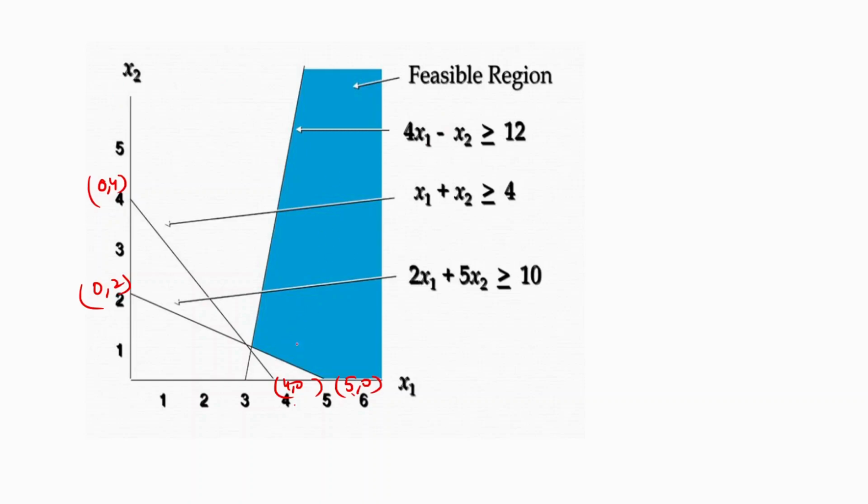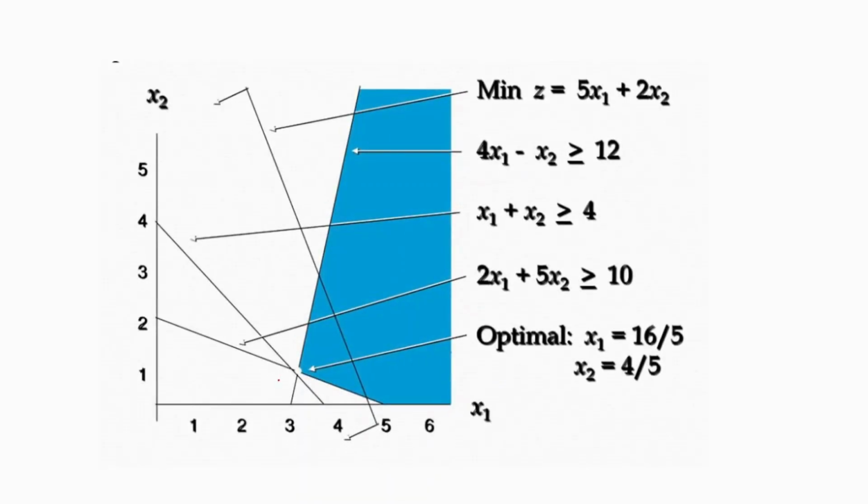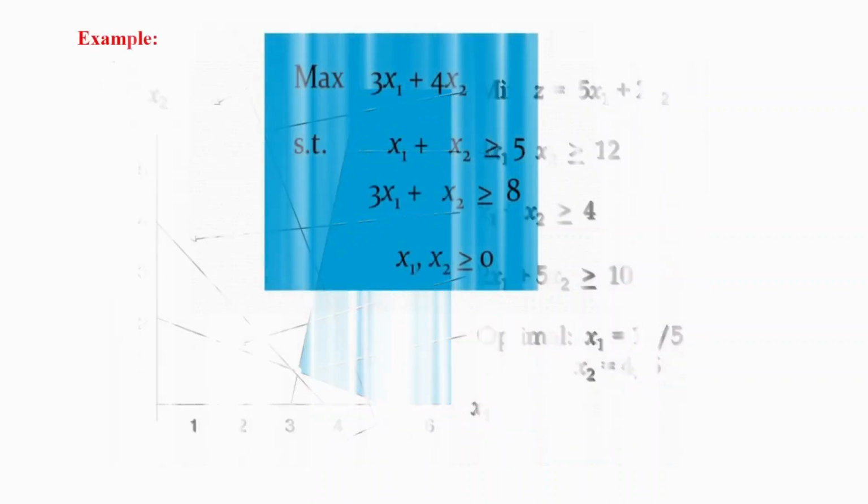Now in this case, when we are talking about the greater than equal to, so we will see that we are talking about these regions, right? So this is the common region, but we want to find out the minimum of this. So the minimum would be at this point. So the optimal solution can be obtained at x1 16 over 5 and x2 4 over 5. So we can easily find the minimum of the z.